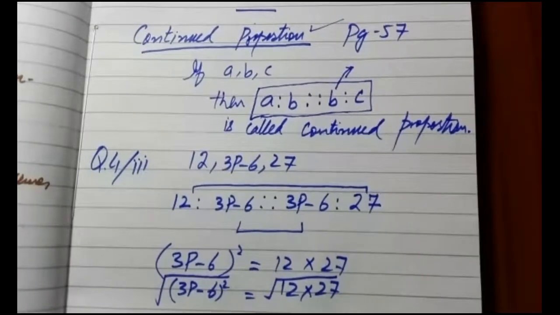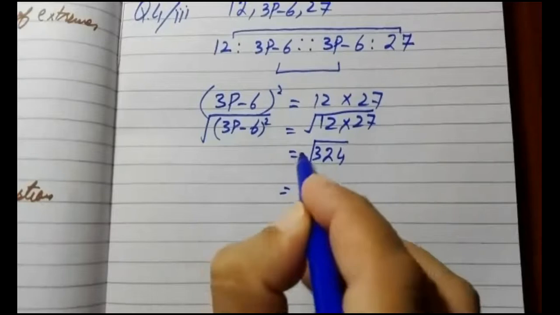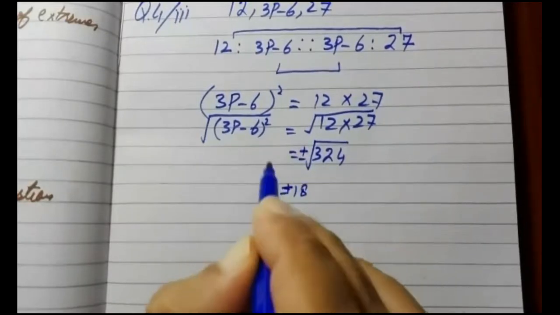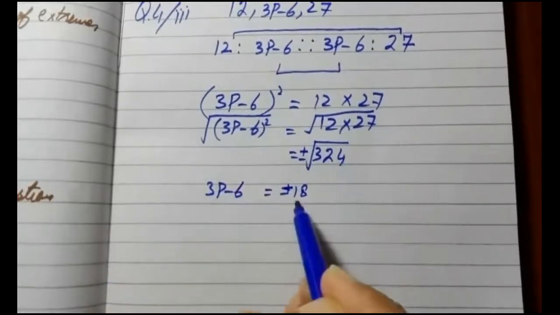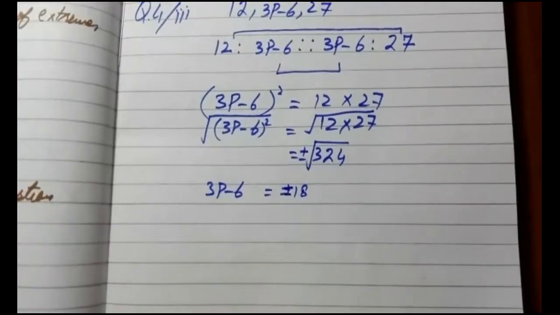Okay, 324 will be there, and 324 is the square root of 18. 18, I think. Like this one, and we have 3p minus 6 on my left hand side. So I have placed a plus minus sign because I have taken the square root.